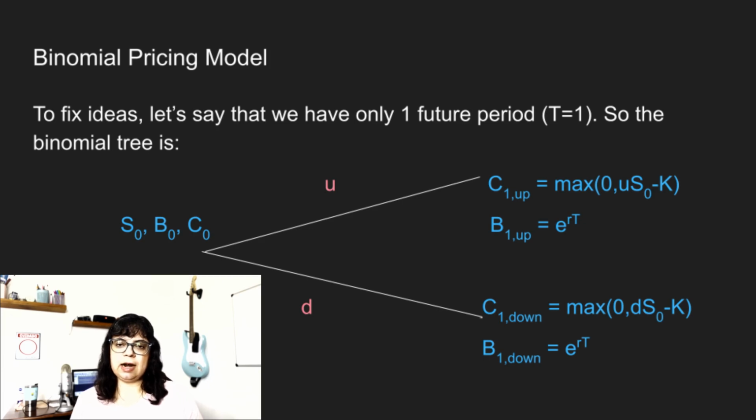Just to fix ideas, we are considering here that our model has only one period. So the binomial tree looks like the slide. In the initial period 0, we are going to have three instruments: the underlying asset, whose initial price is represented, as we said, by S0, an initial bank account B0, and the initial value of our call option C0.